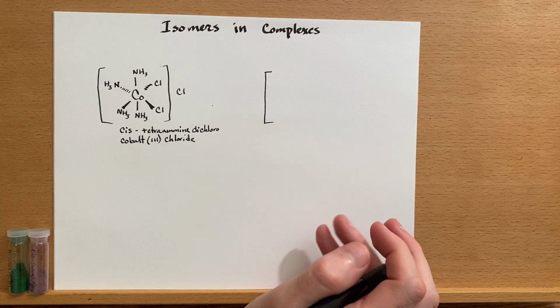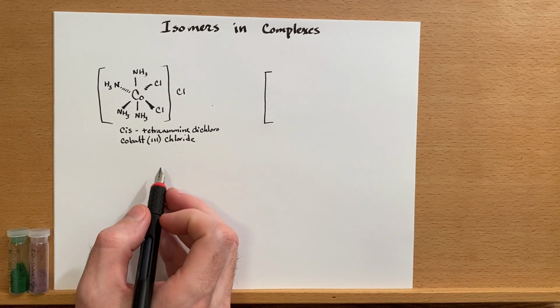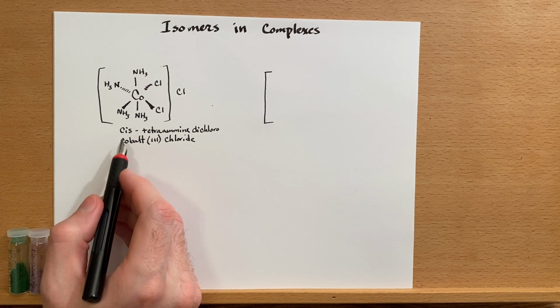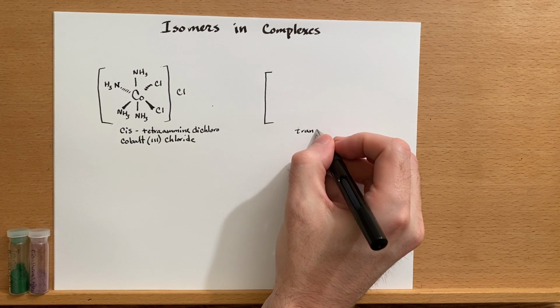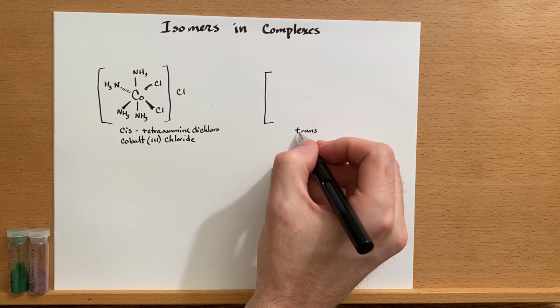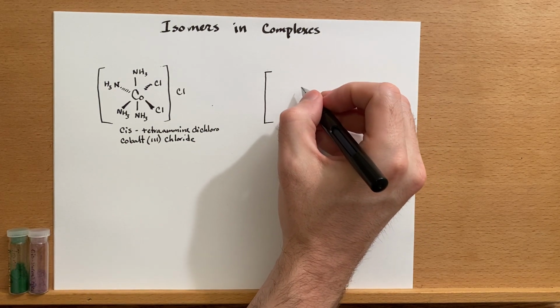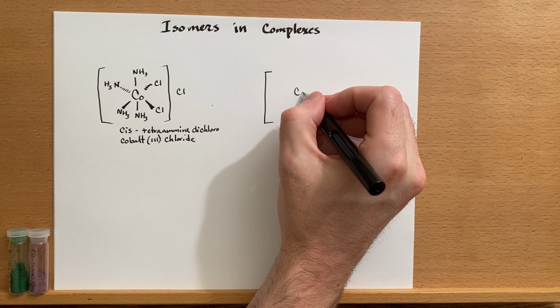And I think possibly in this case I'll avoid writing out the name again, because the only thing that will change is this cis will change to trans. So I'm just going to write the trans right here, and then you'll know that it's still tetraamine dichloro cobalt 3 chloride.